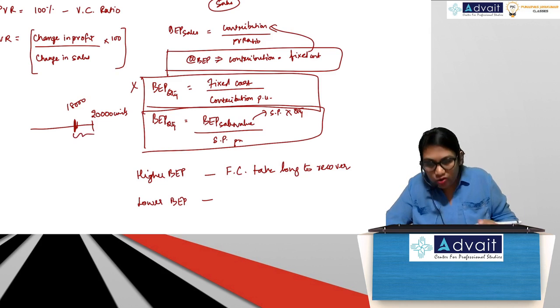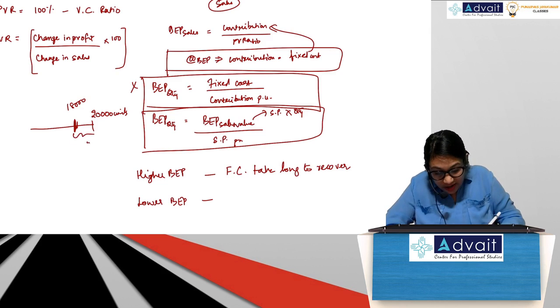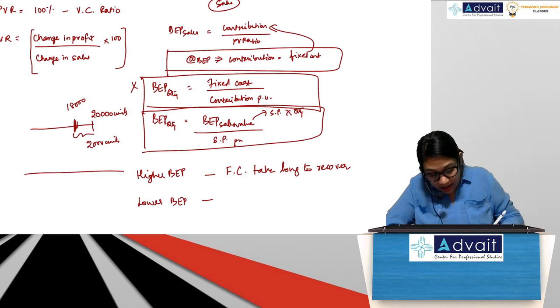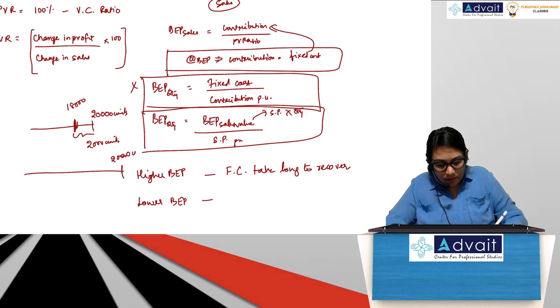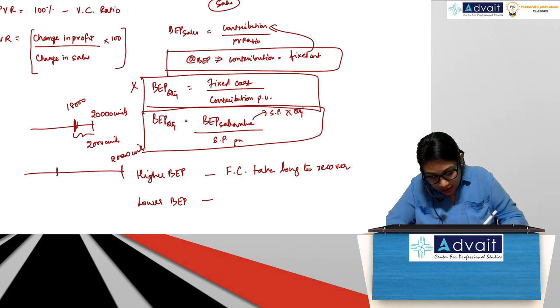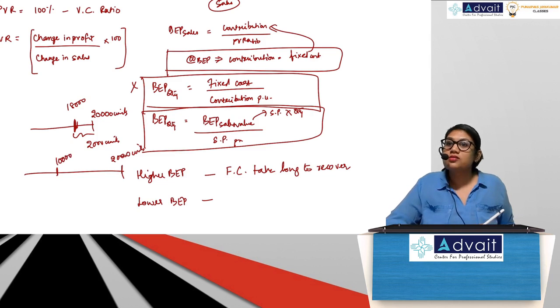So for how many units will I be making profits? Only 2,000 units. Hardly anything. Imagine another organization, same scenario. Market demand is only 20,000, but the BEP of this particular organization is say 10,000 units. Which scenario is better?